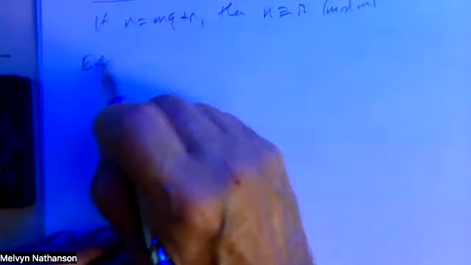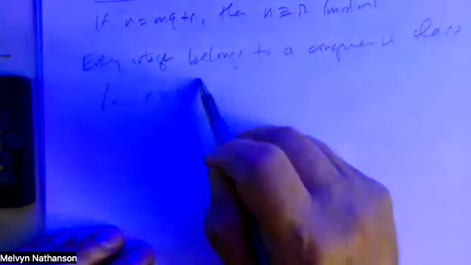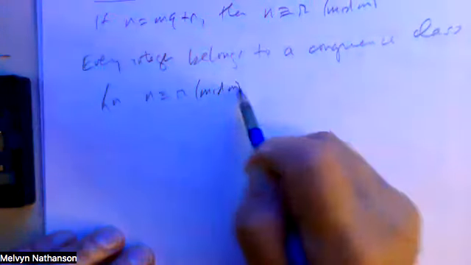So every integer belongs to a congruence class of the form all n congruent to r mod m, for some r, that's my remainder, between 0 and m minus 1.